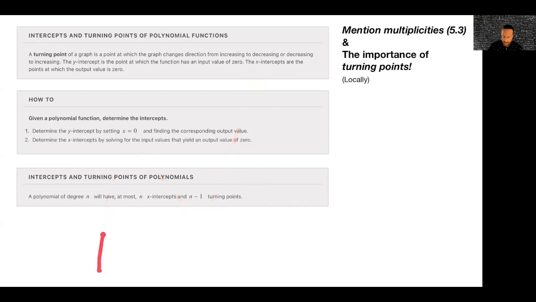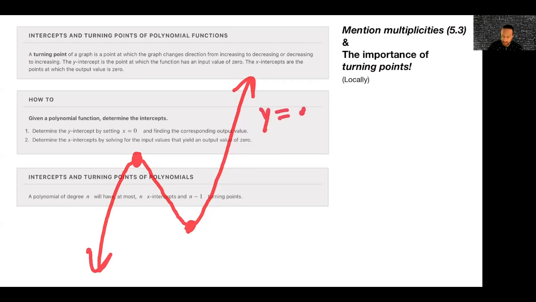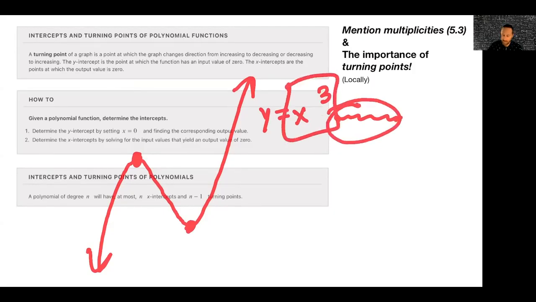Well, I started down here, went up to a point, and then started changing directions, went down to a point, and then started going back up forever. So there are actually 2 turning points in this cubic function. Now again, there can be more stuff, but we know it's cubic and it's positive because it ends positive from left to right.